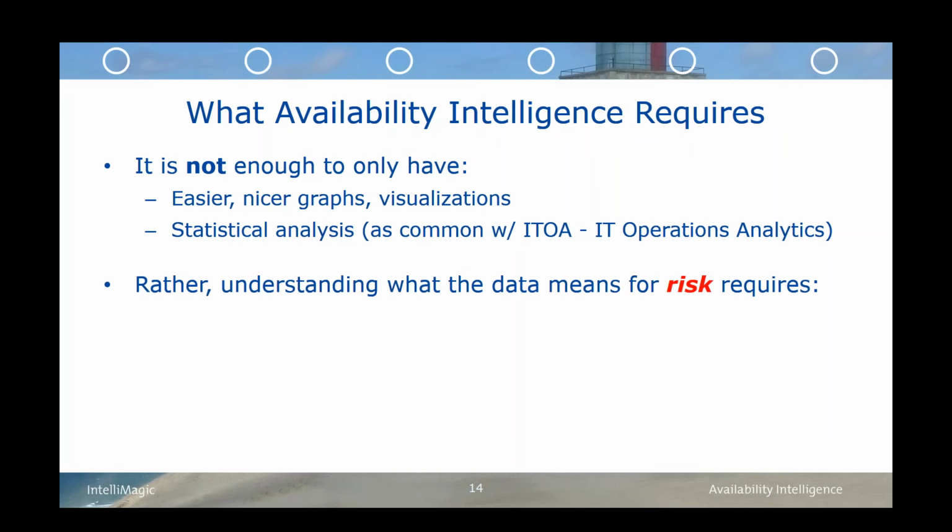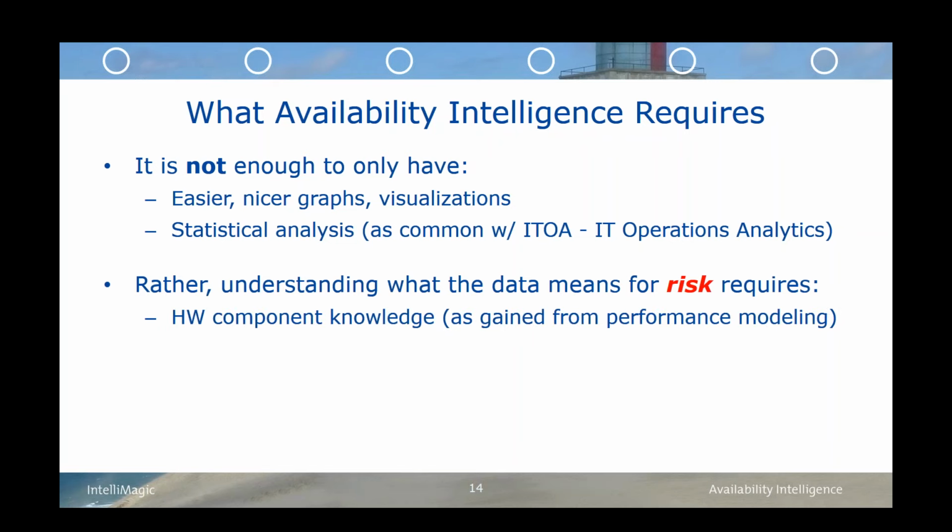But our point is that without this hardware knowledge built in of what the different components are doing and what they're capable of doing and how close to the edge of those capabilities you are, you're going to miss this whole picture and this idea of foreknowledge and quantification of the risk of that infrastructure to handle the peak workloads.